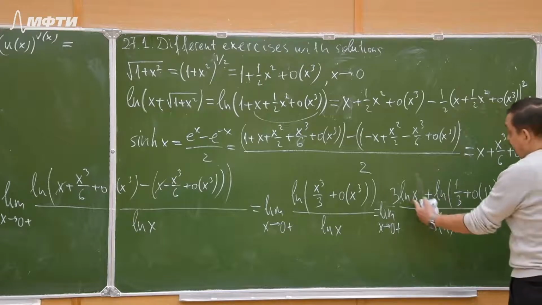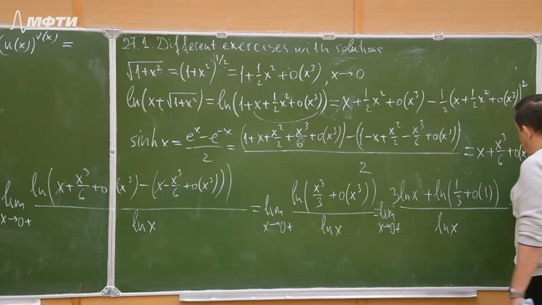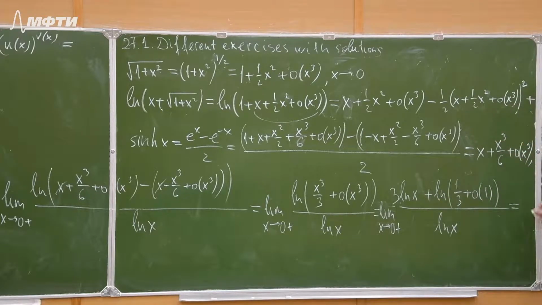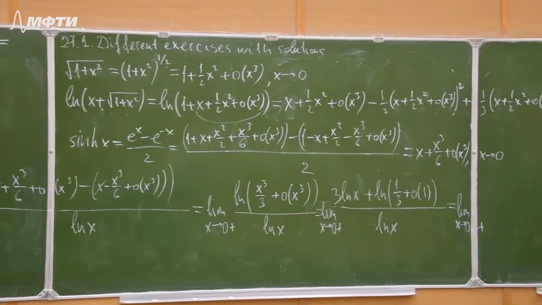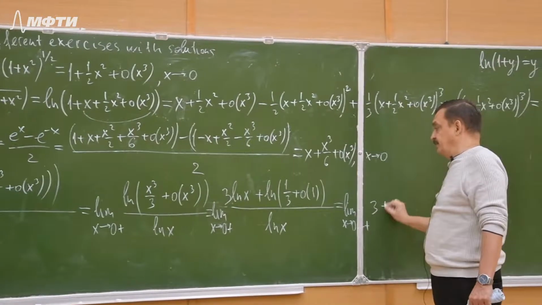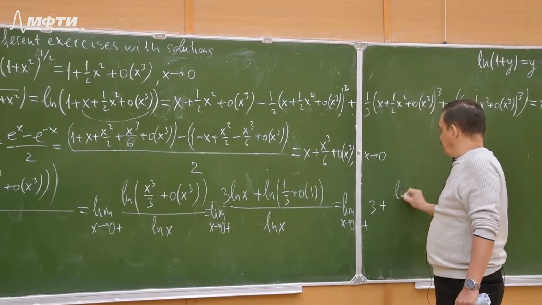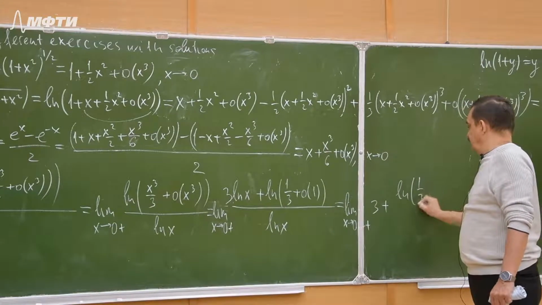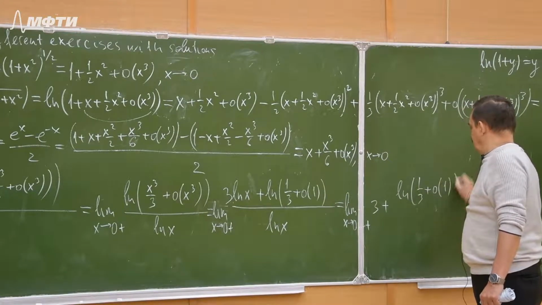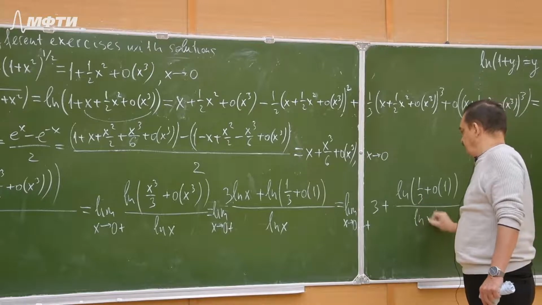So we can divide both numerator and denominator by logarithm x. And what it gives? It gives the limit as x tends to 0 plus of 3 plus logarithm 1/3 plus little o of 1, over logarithm x.